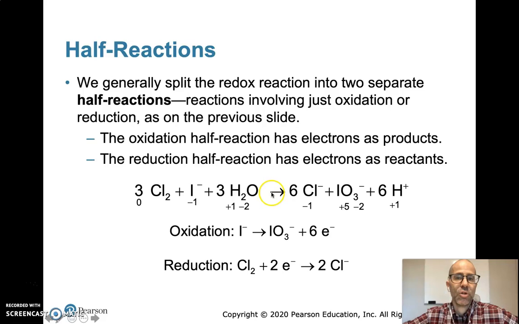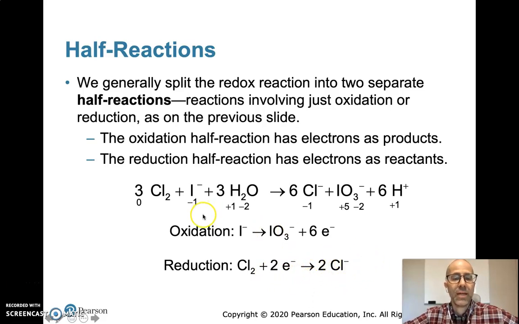That means that the chlorine atom got reduced. So gain of electrons. Reduction is gain of electrons. Here you're going from 0 to negative 1. That's a gain in negative charge, so it's gaining electrons. So the reduction half reaction would be Cl2 plus 2 electrons gives you 2 Cl minus.